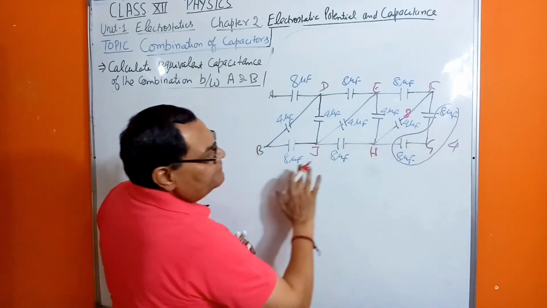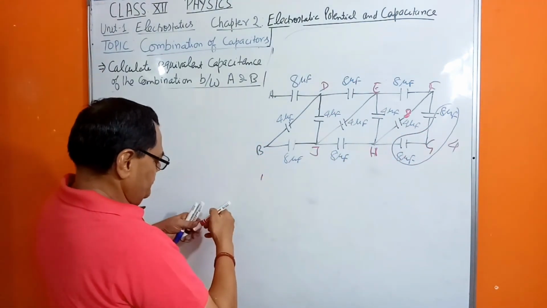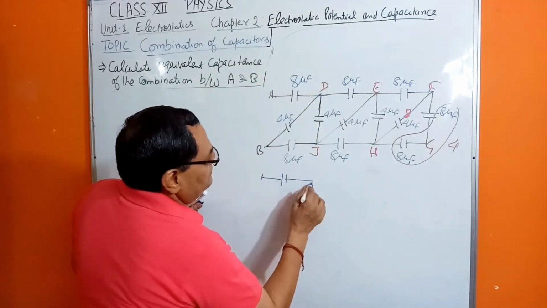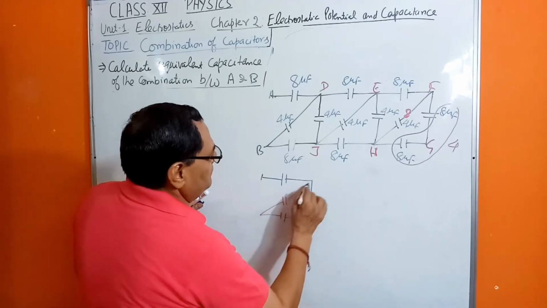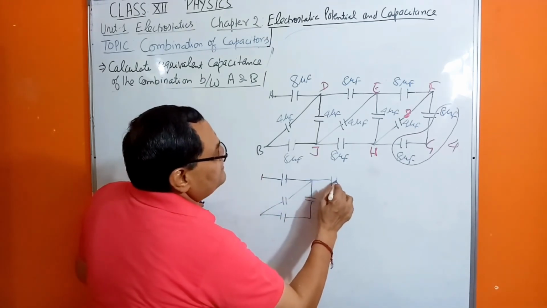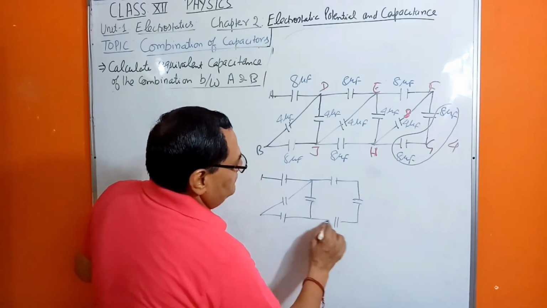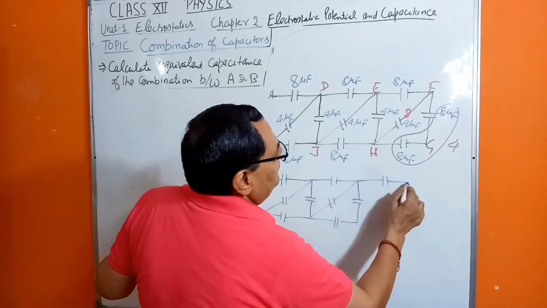Right, so I will redraw it. So many redraws are to be done, so later on I will just take a little faster because this is basically the concept. And I am reaching here.